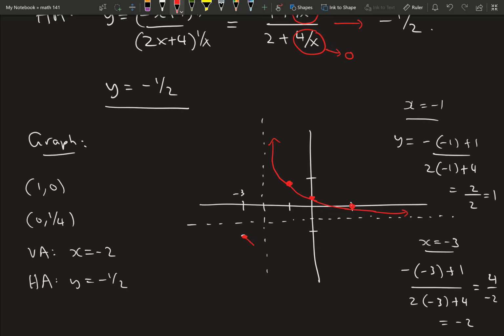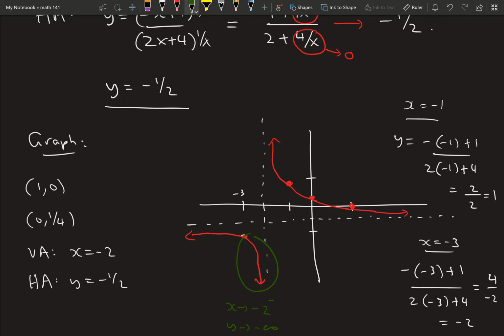As you approach a vertical asymptote, you always have to go to infinity. So this piece says as x goes to -2 from the left, y goes to -infinity.